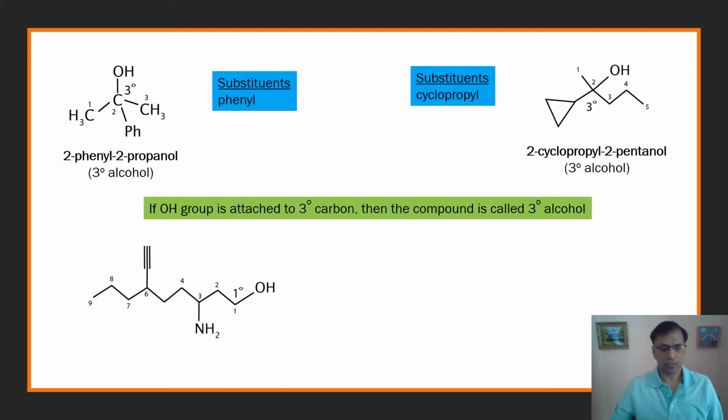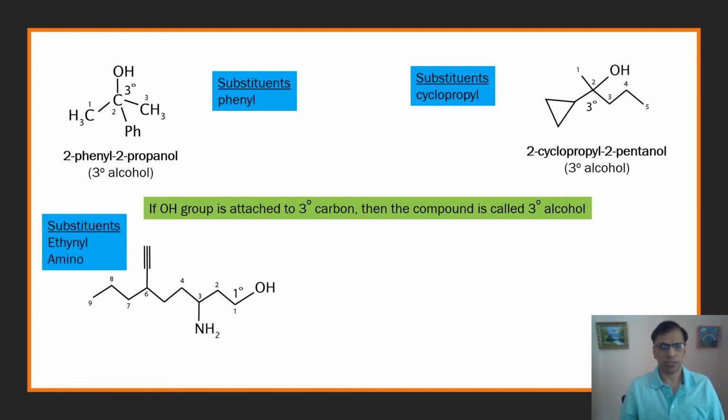Let's consider this simple molecule. In this case, you start numbering from the carbon atom that's closest to the OH group. So you start with the carbon atom here. This is a primary alcohol because it's attached to a primary carbon. And the amino group is a substituent, and so is the ethynyl group.